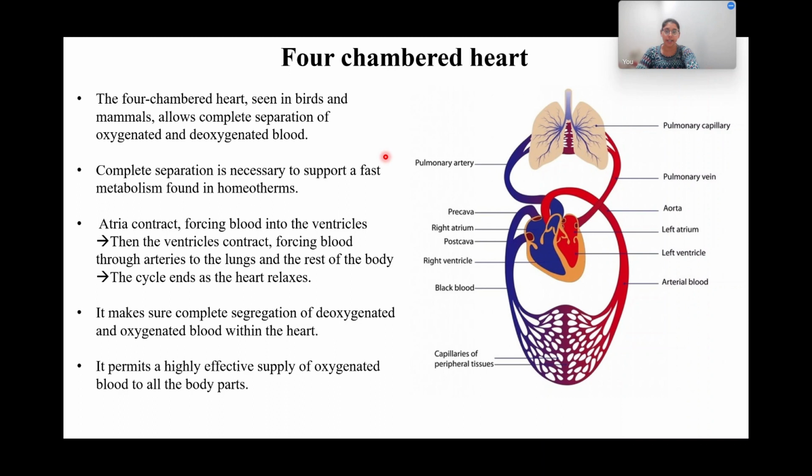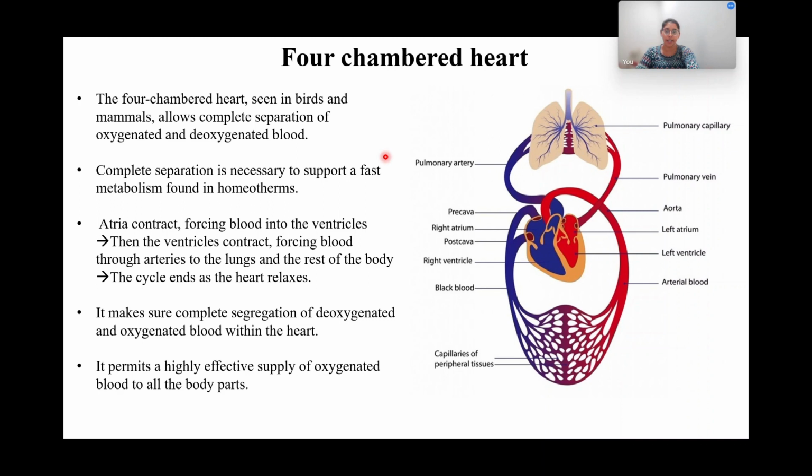And this will continue to happen, and the blood will keep going. So the heart will contract, blood will flow out, the heart will relax. Again, the blood will flow in, the heart will contract to push the blood out, and then the heart will again relax. And as I've already mentioned, it permits a really highly effective supply of oxygenated blood to all body parts.